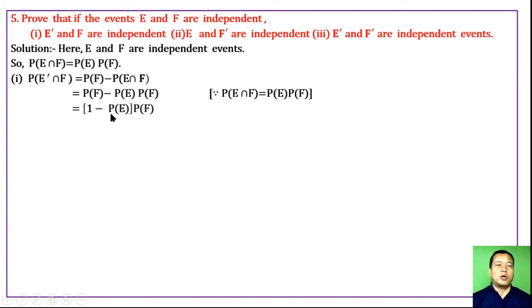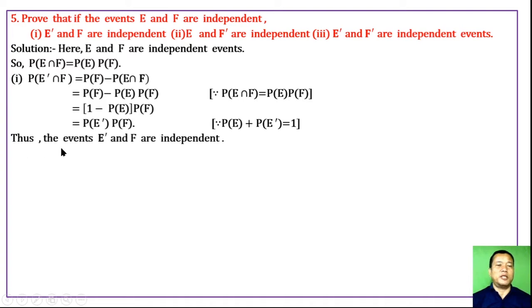Taking the common factor P of F from the two terms, we get 1 minus P of E times P of F. 1 minus P of E is equal to P of not E, into P of F. Therefore, P of not E intersection F equals P of not E into P of F. Thus, the events not E and F are independent events.